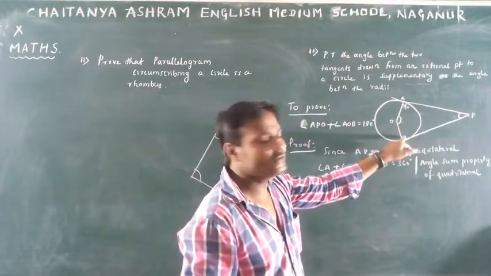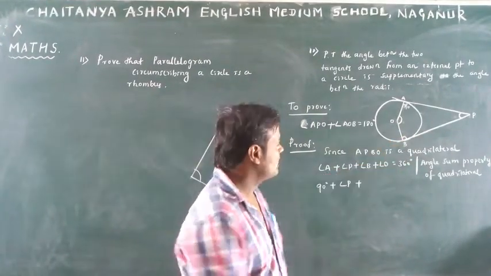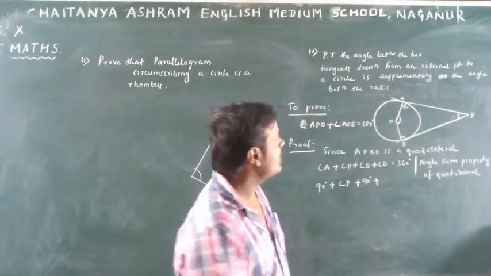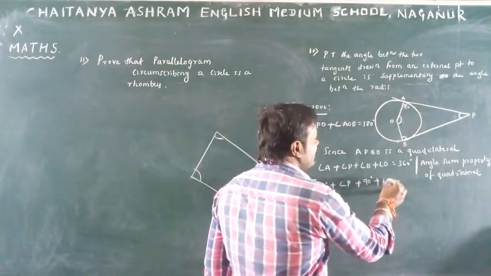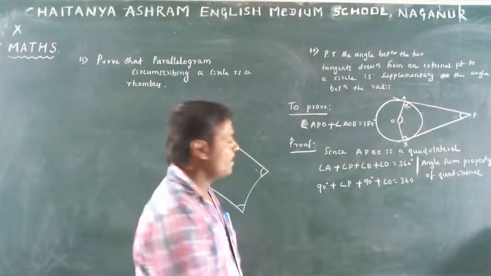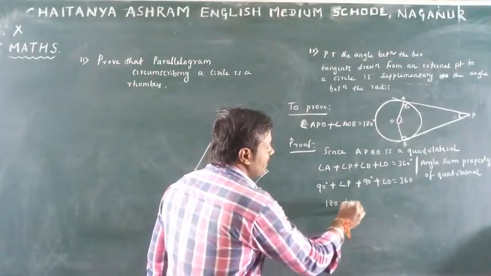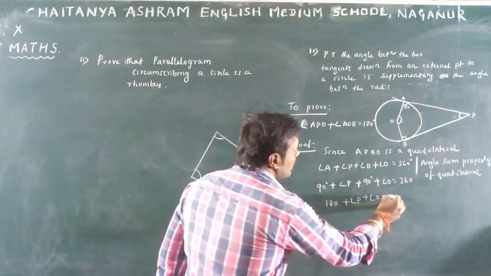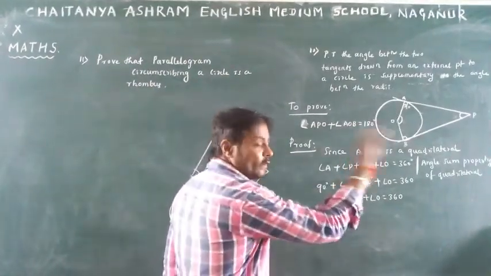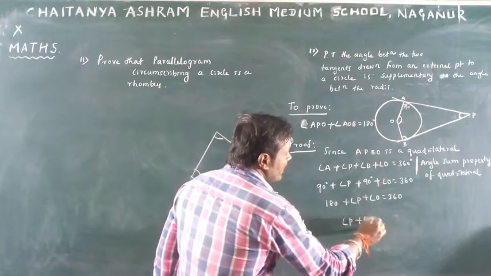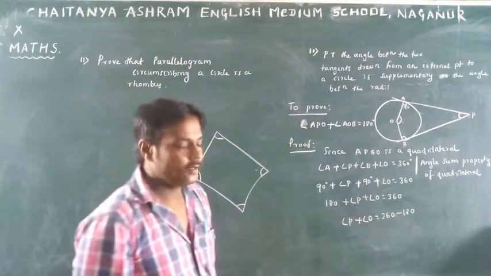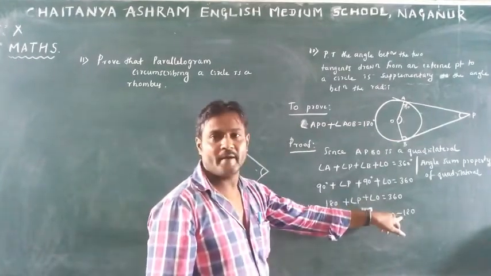Perpendicular means that it makes an angle of 90 degrees. So angle B is also 90 degrees, plus angle O equals 360. So 90 plus 90, 180 degrees, plus angle P plus angle O equals 360 degrees. Then shift this 180 degrees to the other side. Angle P plus angle O equals 360 minus 180.